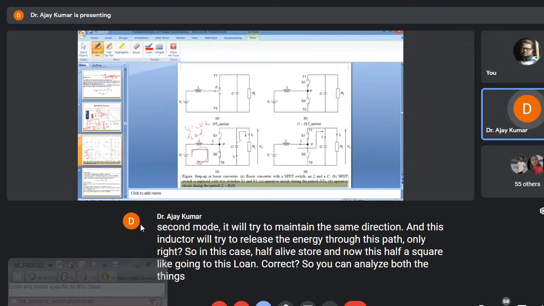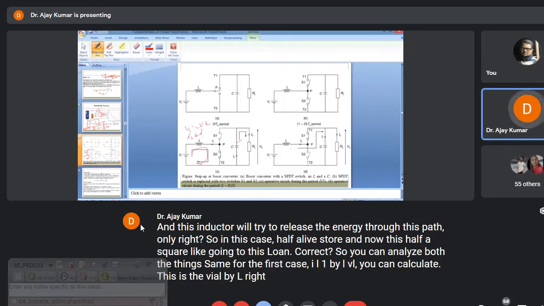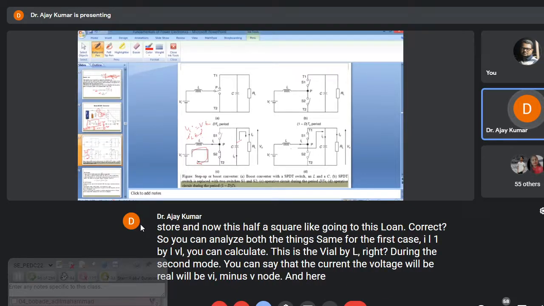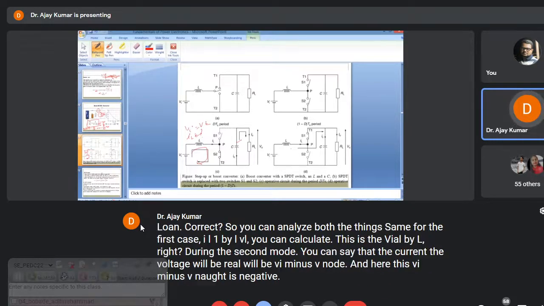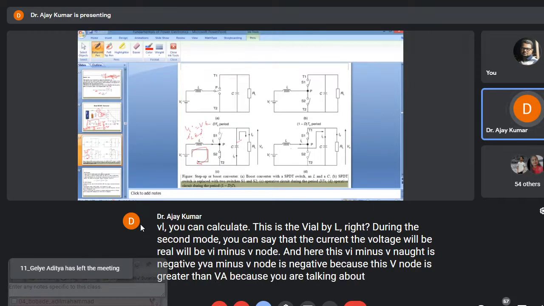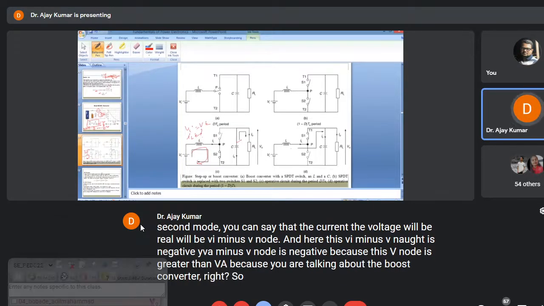Same for the first case, IL is 1 by L times VL, so the slope is VI by L, right? During the second mode, the voltage here will be VI minus V naught, and here VI minus V naught is negative. Why is VI minus V naught negative? Because V naught is greater than VI, because you are talking about the boost converter, right? So that means this is negative.